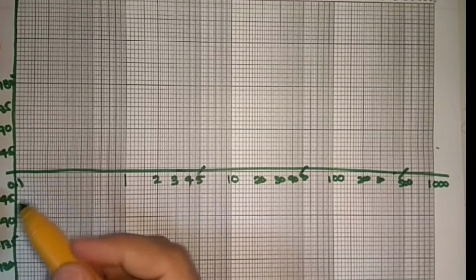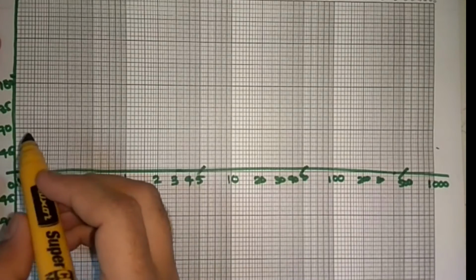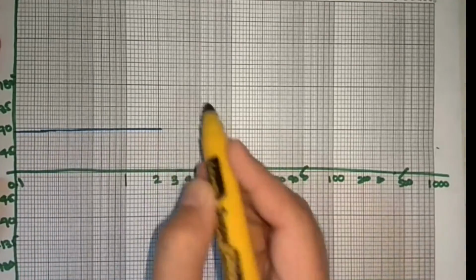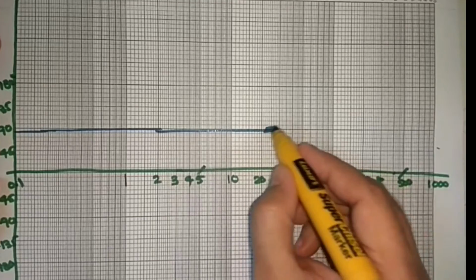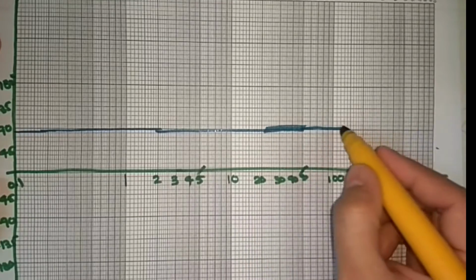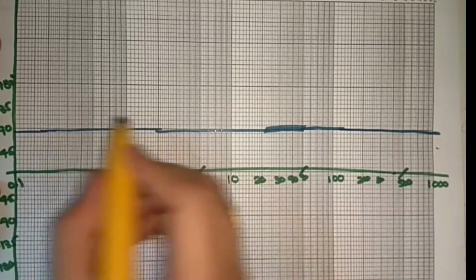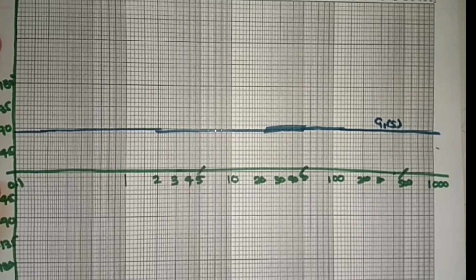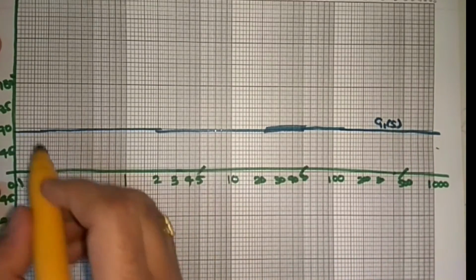So if you draw G1(s), it is 90 degrees, right? So this is a 90 degrees line, constant over the entire frequency range. So this is G1(s). In this same way we have G2(s) also, right?